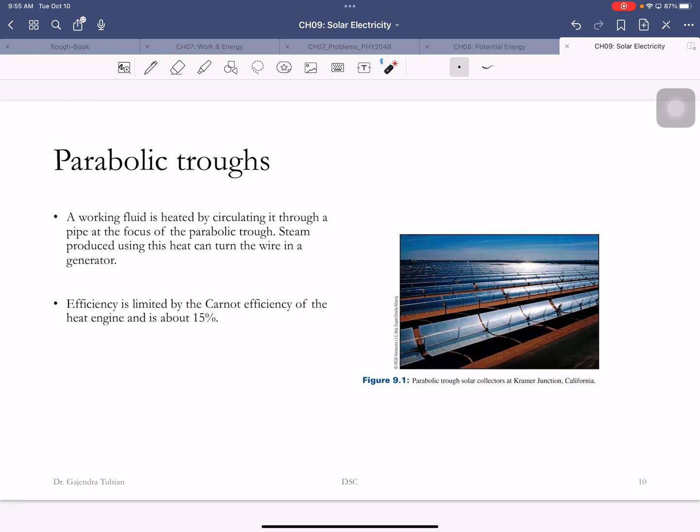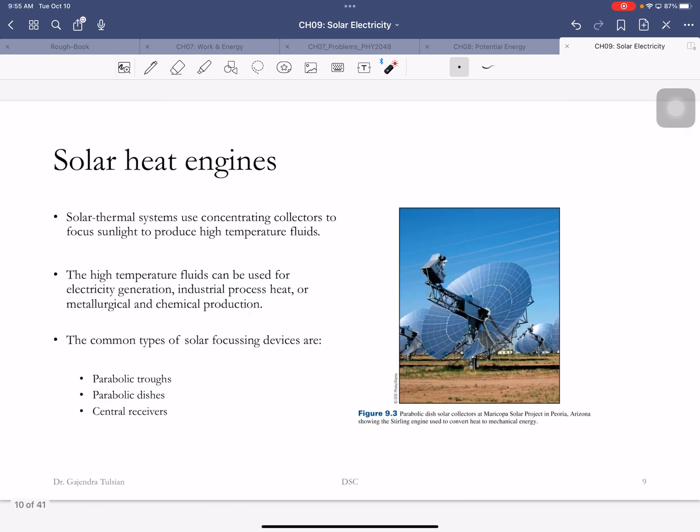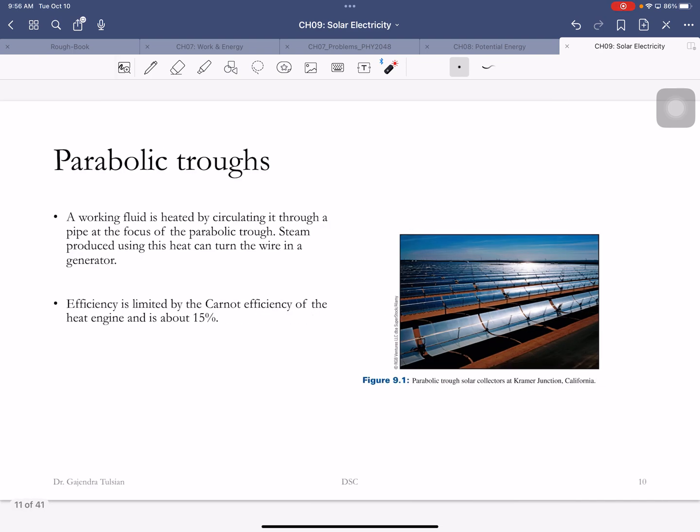All right, so here's another configuration. Here's one configuration: you're concentrating sunlight with solar dishes. These are parabolic dishes. You drive a heat engine, which can turn the wire. Here are parabolic troughs, and a fluid flows through a pipe there. That's where sunlight is concentrated.